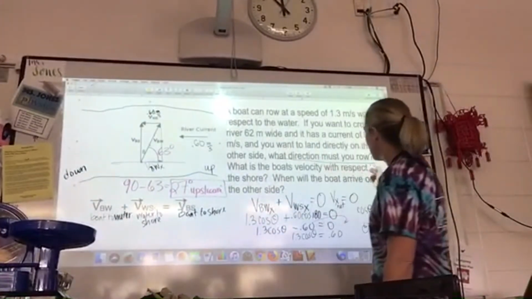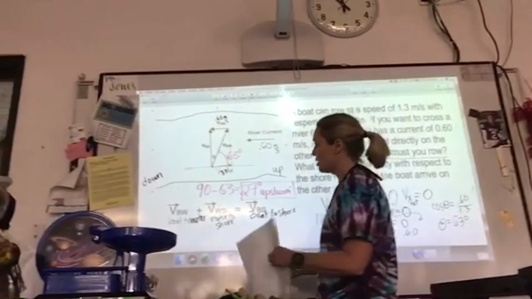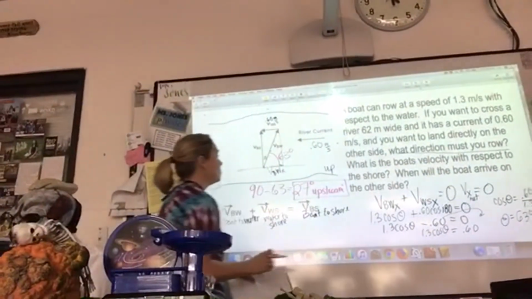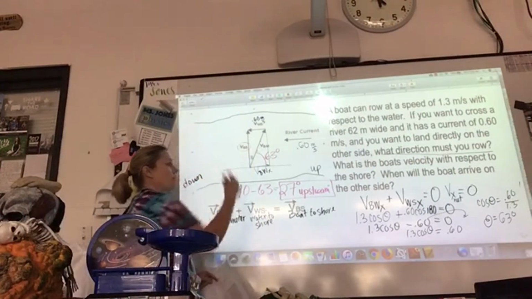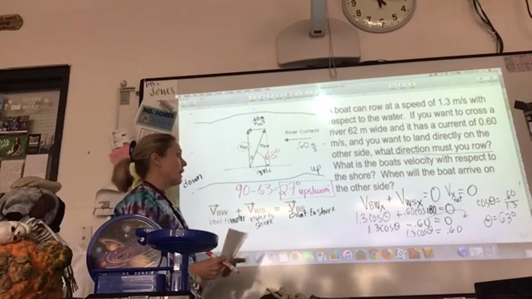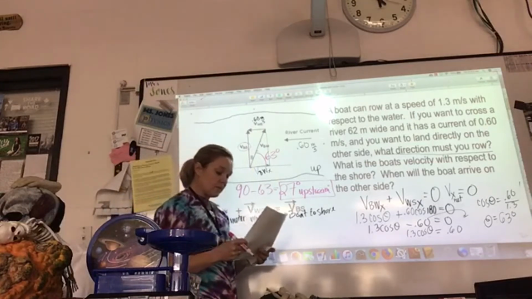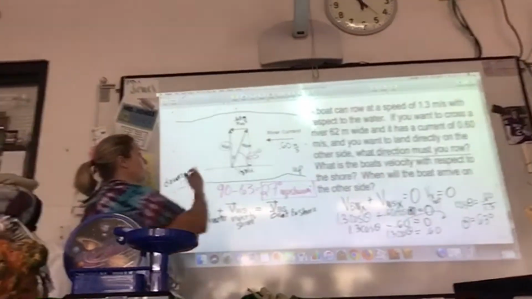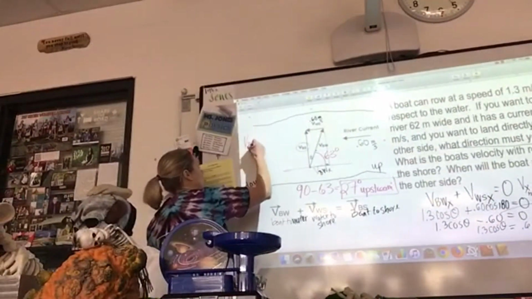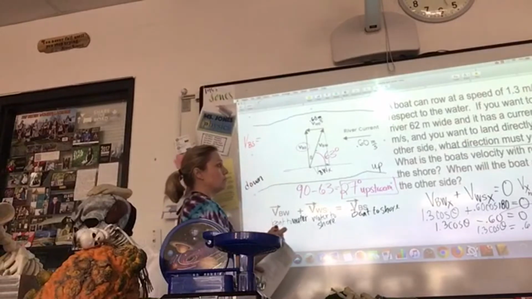What is the boat's velocity with respect to the shore? So we want to know, how is it moving now? And that would be this. Do you realize what that is, really? The velocity of the boat to shore is really what?